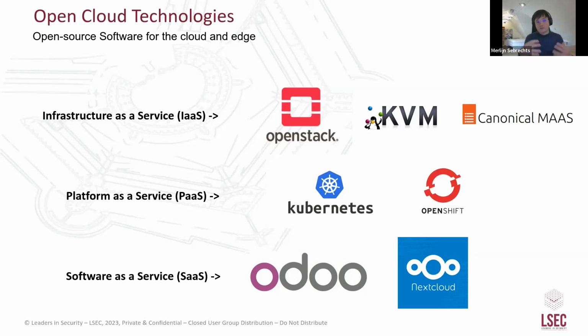Then you're using open source platform as a service on top of these public cloud providers, such as Kubernetes or OpenShift. And then finally, you can go even higher in the stack and say that you're simply interested in open source applications on top of that. Then we're talking about things like the Odoo ERP system and Nextcloud, for example, for storage.